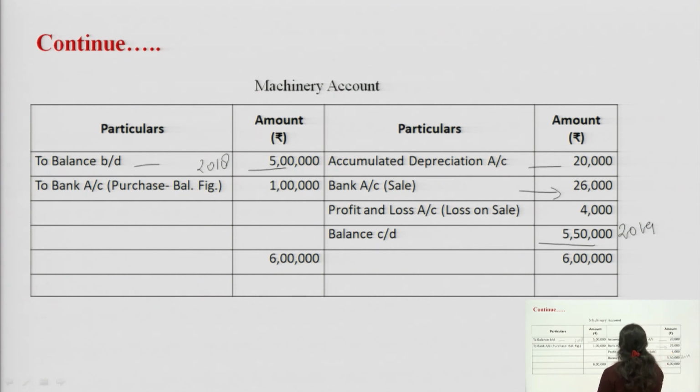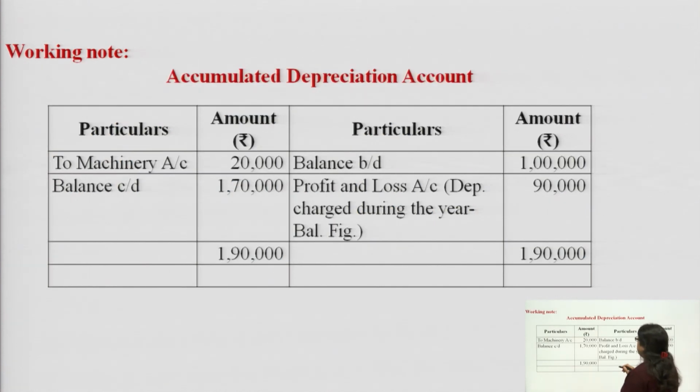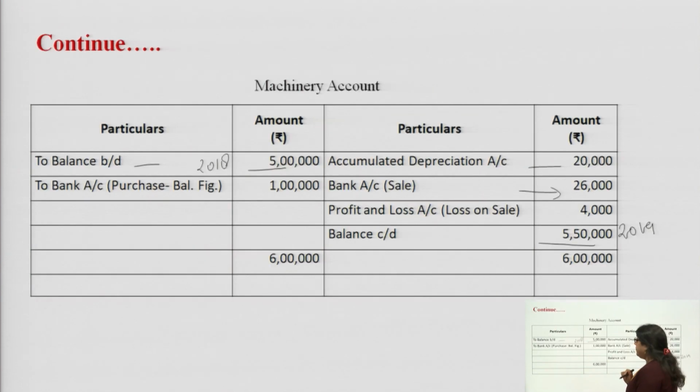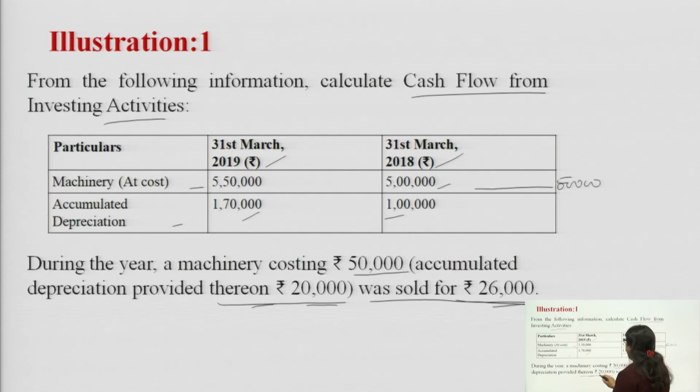Now, we will check whether we are in profit or loss. For this, we will prepare the accumulated depreciation account. The balances for this were given: accumulated depreciation 1 lakh and 1,70,000, for 2019 and 2018. The machinery costing rupees 20,000, from where has this amount come, you can check it here: the 20,000 of depreciation was provided.